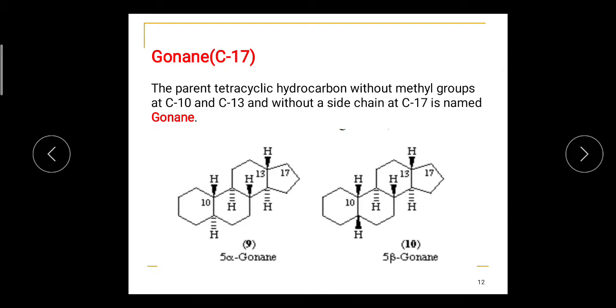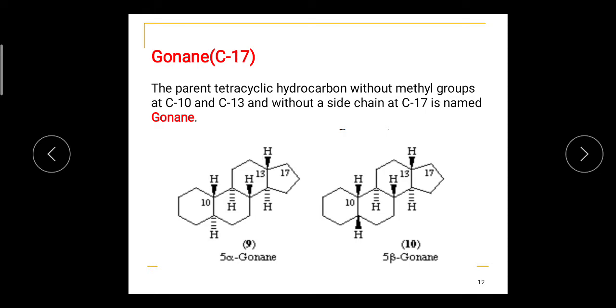So now the basic rings for the nomenclature of steroids. The first basic ring is gonane. Gonane means the steroidal nucleus having 17 carbons.